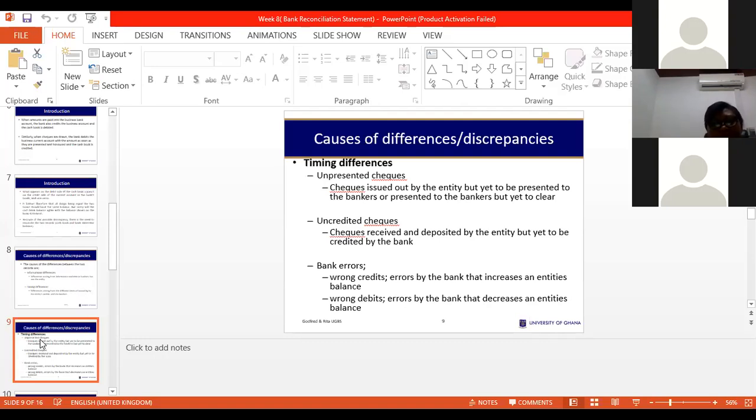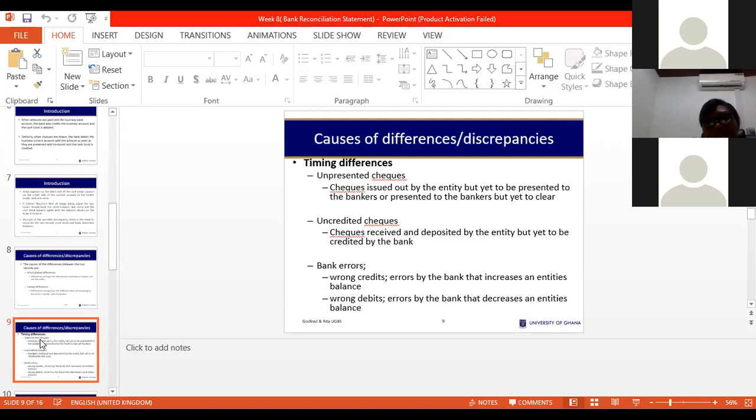Sometimes the banks will mistakenly put somebody's money into our account. Mistakenly, they'll credit our current account. Be rest assured that when they find out, they'll come and reverse the entry. But for the moment, they haven't seen it and it's showing on our bank account. That is an error.